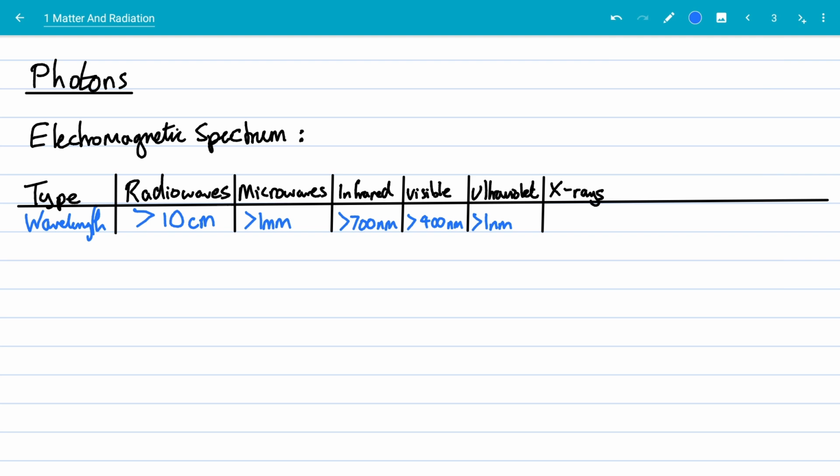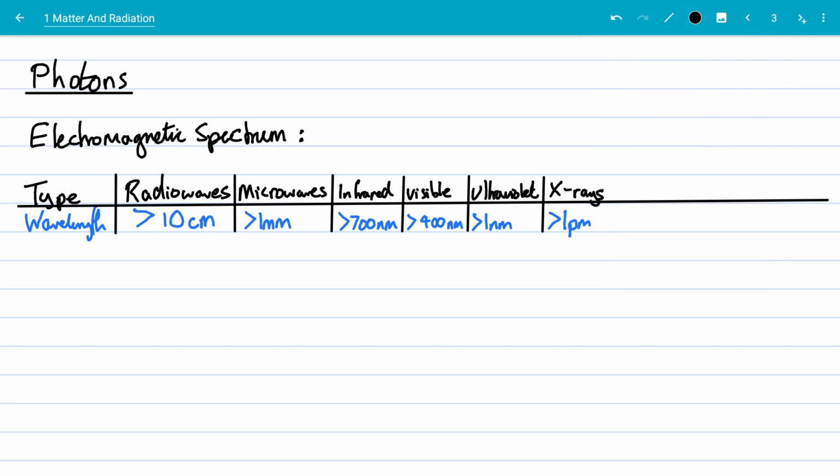So there's a bit of overlap here between ultraviolet and X-rays, really. So we could say it's from about a nanometer, maybe even a little bit more than a nanometer, down to maybe even a picometer or femtometer. Let's go picometer. So usually they're bigger than 1 picometer. Remember, pico is times 10 to the negative 12 meters.